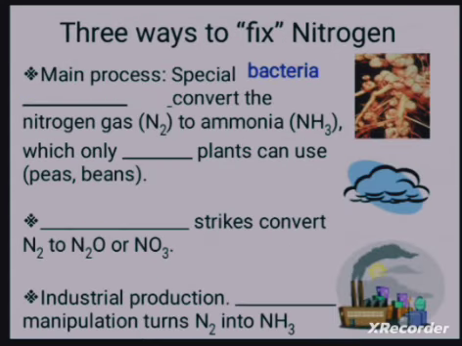The main process is by bacteria, which convert nitrogen gas into ammonia, and some plants can do this as well. Another natural source is lightning strikes, which convert nitrogen to NO2 and NO3. Industry produces chemicals, turning N2 into NH3.